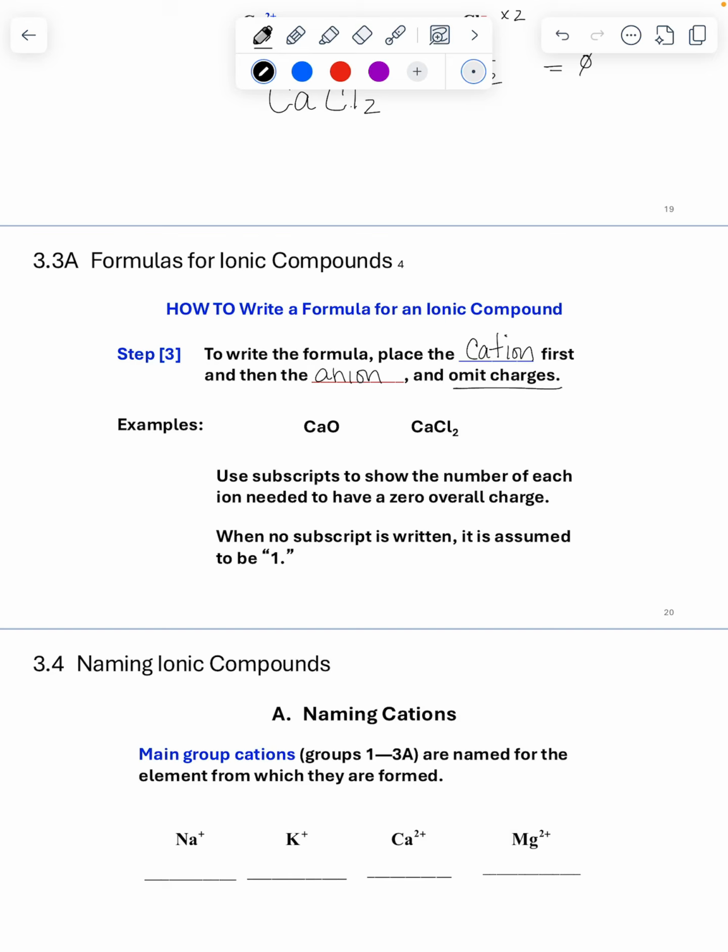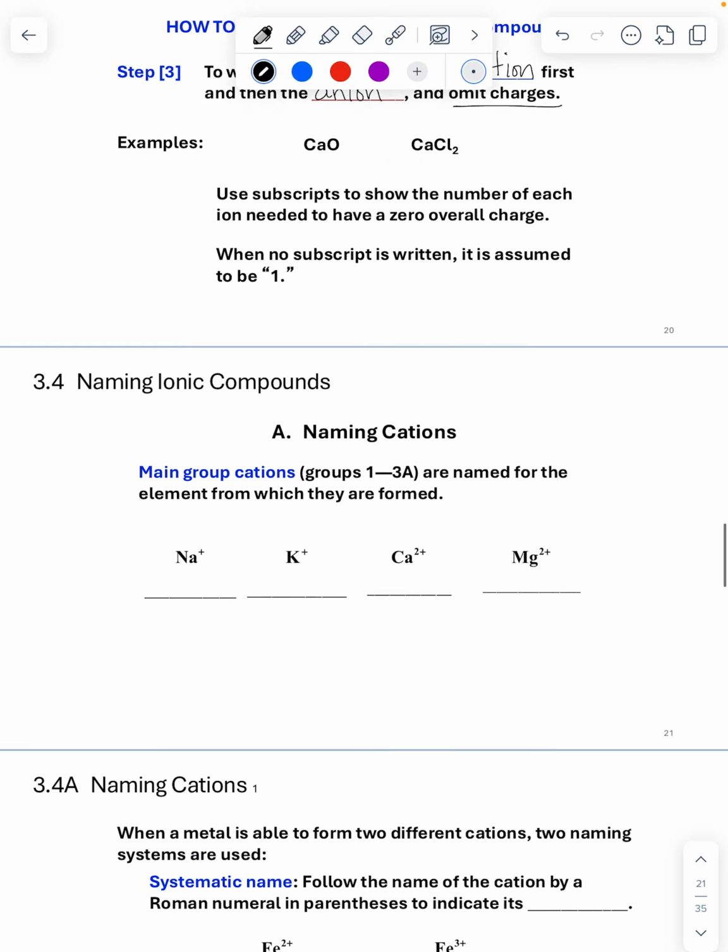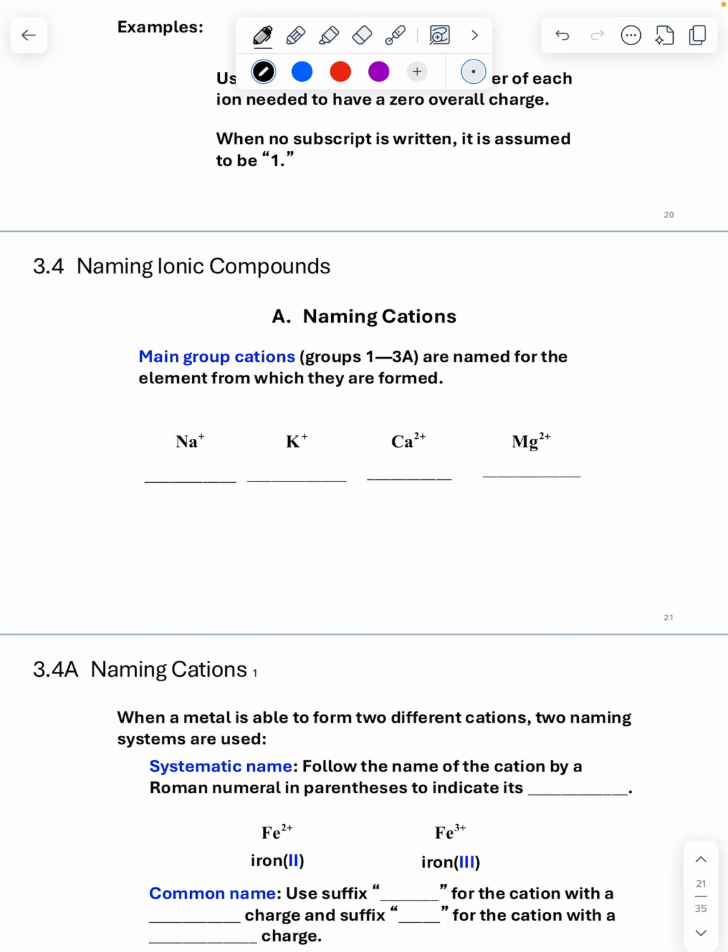All right, let's move on to naming ionic compounds. And so we can look at how to name individual ions. And so you have your main group ions. This is group 1, group 2, and group 13. To name these main group ions, their name just comes from the element from which it is formed.